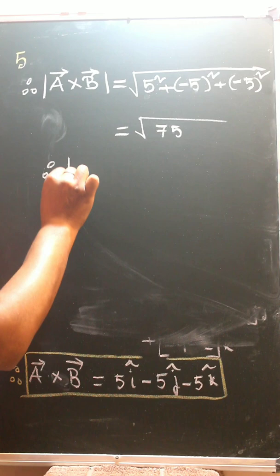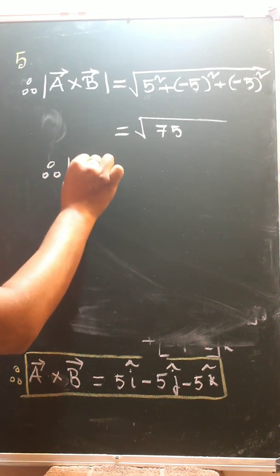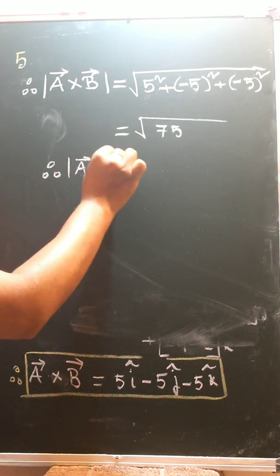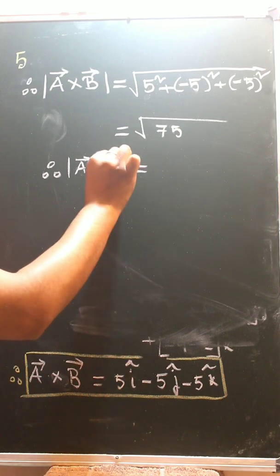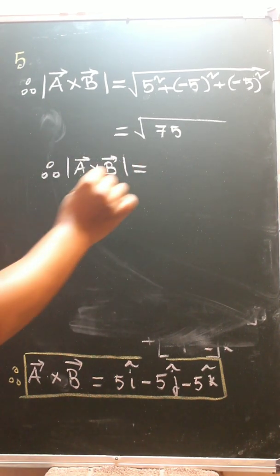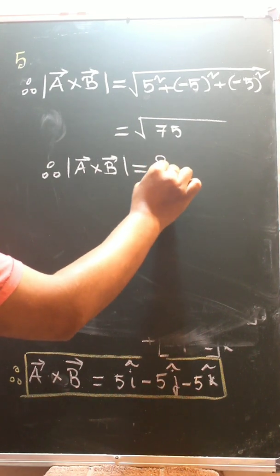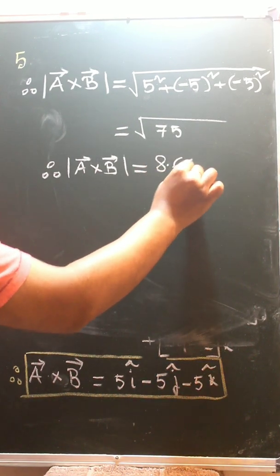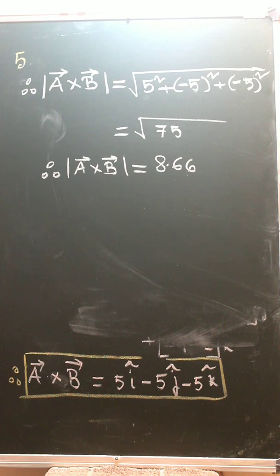Therefore, mod vector A cross B equal 8 point something. Root over 75 is 8.66.